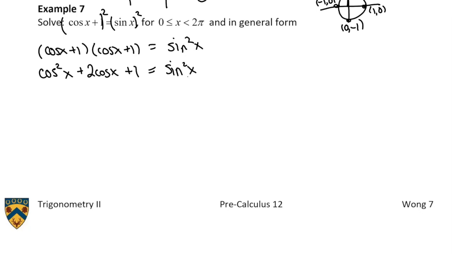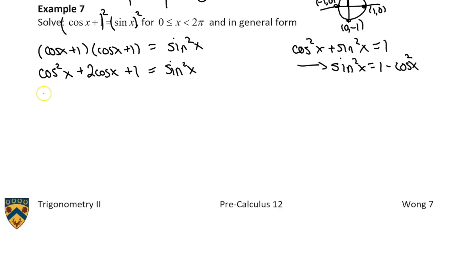we now have something in which we have sine squared x's and cos squared x's, which means we now can call upon our Pythagorean identity. So if you think about one of our Pythagorean identities where we say cos squared x plus sine squared x equals 1, and we isolate for sine squared x, we could use this, because now if we replace sine squared x and write it in terms of cosines, instead of having 2 variables, you would only have 1 variable.